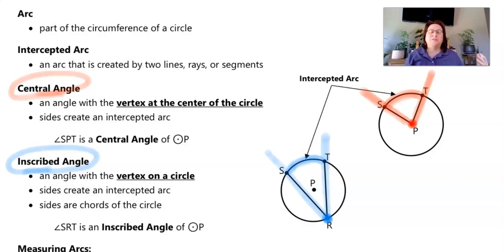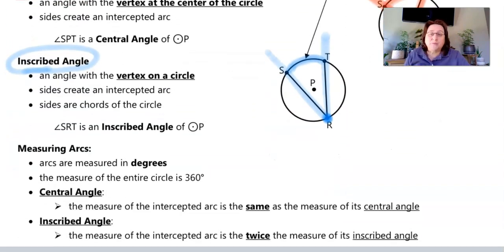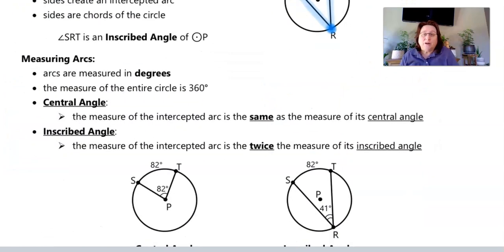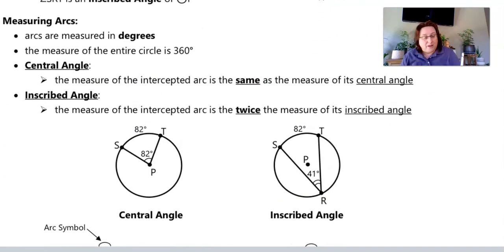Well, how does that help us find the measurements? Well, guys, the arcs and the angles have a relationship. Their measurements have a relationship. The relationship between the central angle and the arc is that they are the same. So if you notice right here, this central angle is 82 degrees. That means that this arc also opens up 82 degrees.